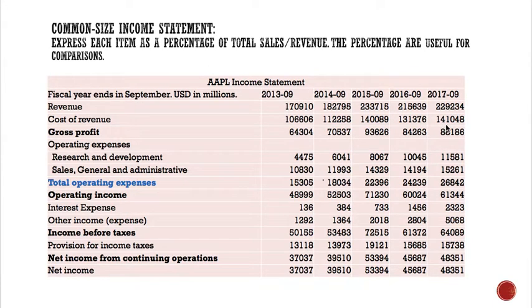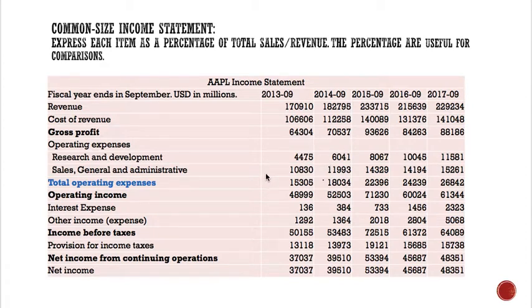What does the cost of revenue mean? The cost of revenue is the expense directly related to the production of the company's goods and services, and operating expenses are the expenses that are not directly related to the production of the goods or services.